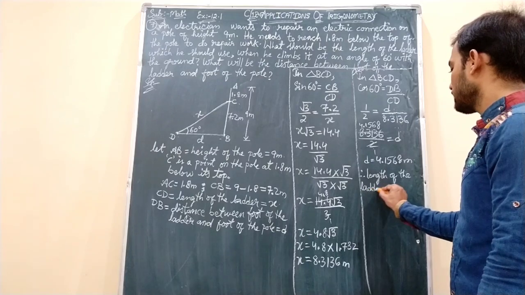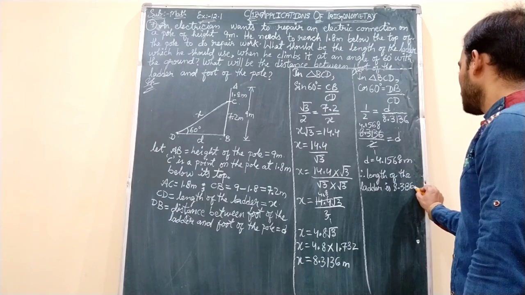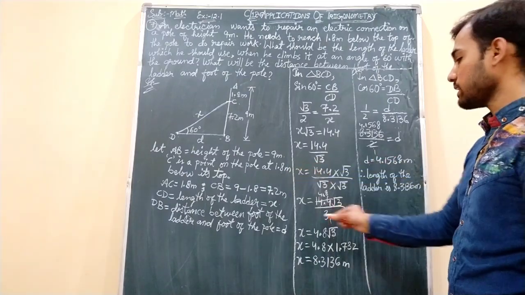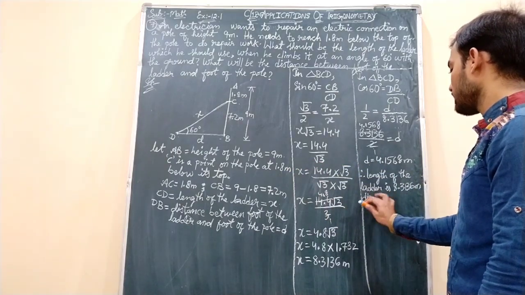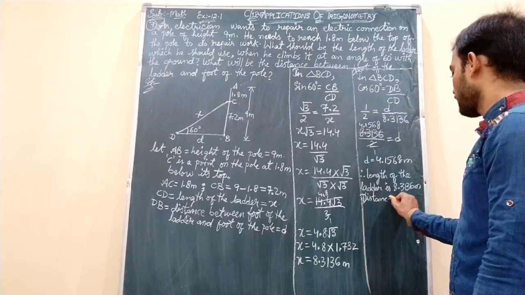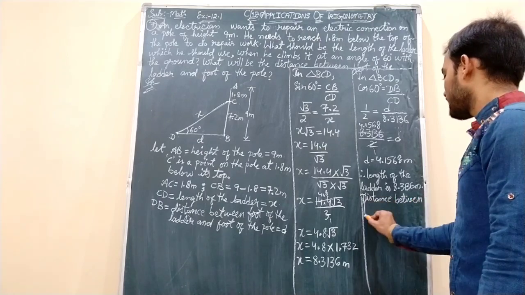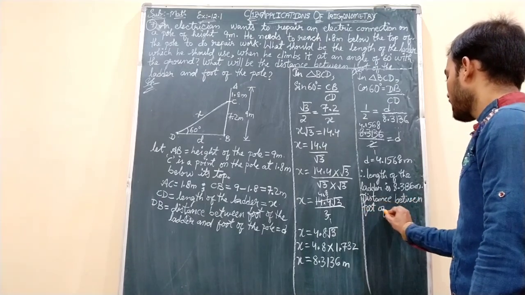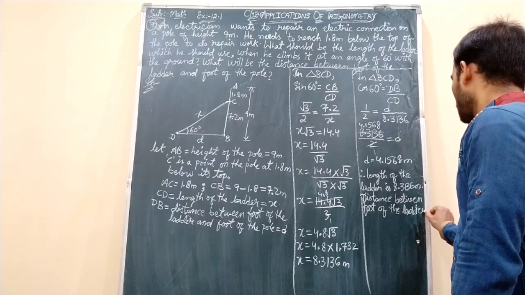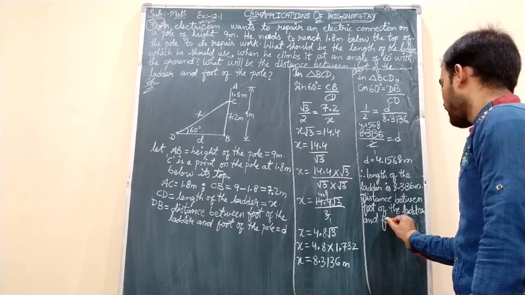So at last you can write, length of the ladder is 8.3136 meters. And next thing, d is nothing but distance between their foot, right? So distance between foot of the ladder and foot of the pole.